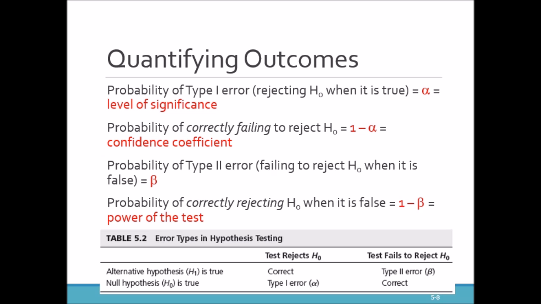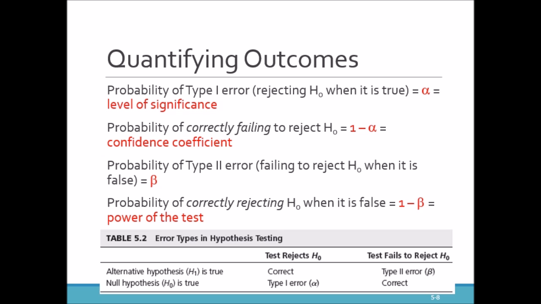So we need to quantify our outcomes. To do this, we need to find our level of statistical significance. The probability of a type 1 error occurring is our alpha. So if we want to be 95% confident, that other 5% is the level of error that we are allowed into our hypothesis test, and we call that alpha.